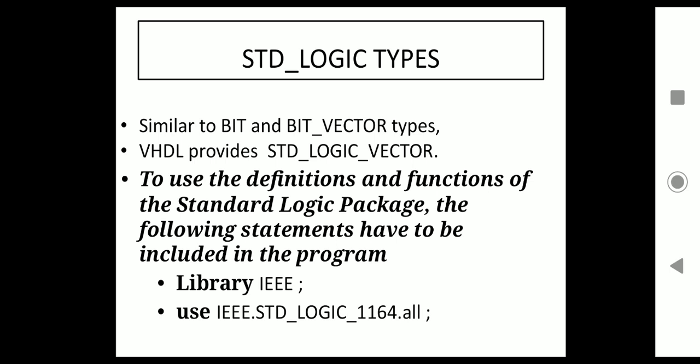Now, similar to bit and bit vector types, VHDL provides standard logic vector also. To use the definitions and functions of the standard logic package, the following statements have to be included in the program.